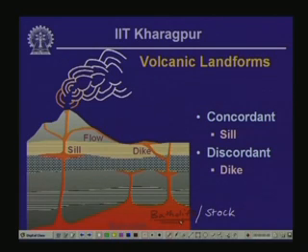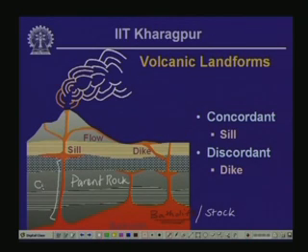Now, the partially molten material from a batholith or stalk could find its way up, because of its lighter unit weight in comparison with the surrounding rock mass, through the cracks and fissures within the body of the surrounding rock mass. So, these are the parent rock in this case, and the cracks and fissures could be here.